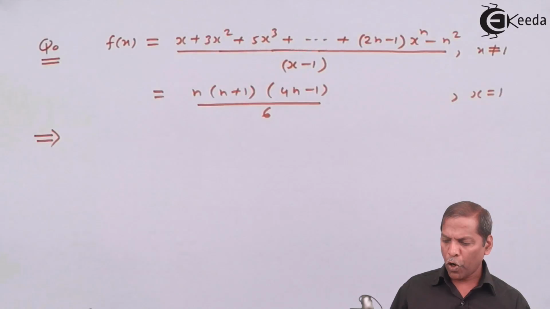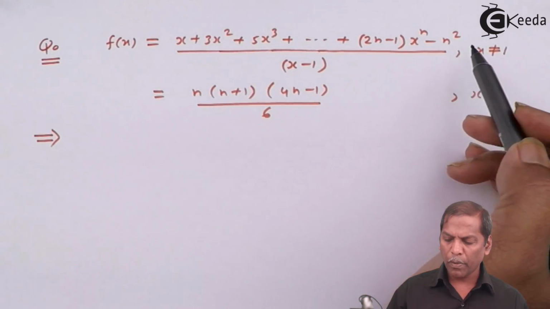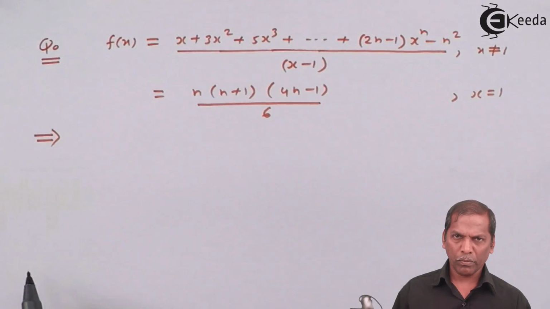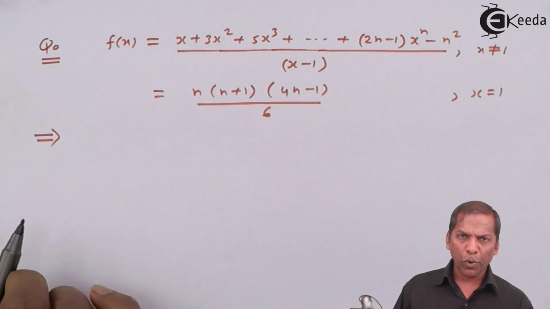First of all, for n square we write 1 plus 3 plus 5 plus ... plus 2n minus 1. So first of all, let's prove this.